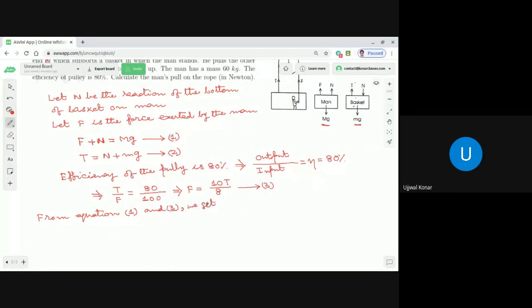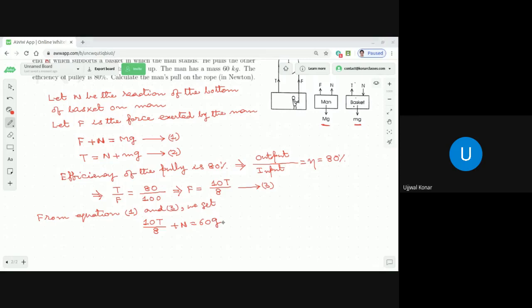we get, instead of F, we can write 10 into T divided by 8, plus N is equal to 60 into G, because M is 60 kg.